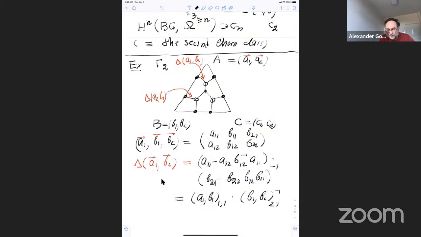And I claim that absolutely the same happens for any configurations of flags, for decorated local systems on a surface, and so on and so forth. You always get quasi-determinants, and you can write them down. And actually, writing them down basically boils down to the two-dimensional situation.